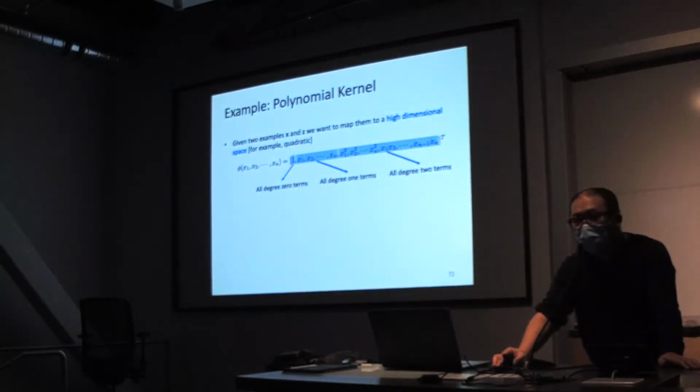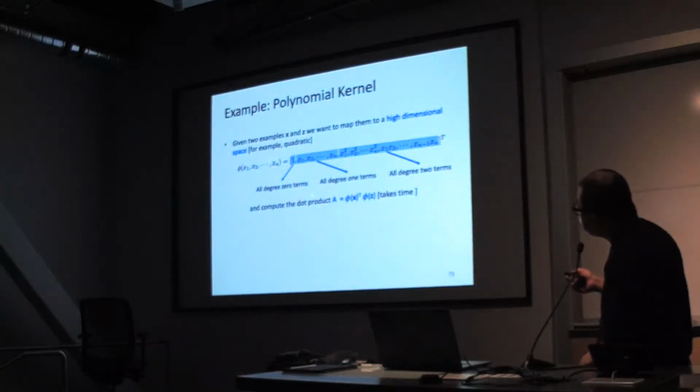Suppose your n is 1,000, then n squared will be 1 million. So even for this quadratic feature mapping, the mapped feature vector can be very high dimensional. If you want to explicitly compute them and the dot product, it is expensive. Not to mention, in practice people rarely use quadratic mapping because it's less expressive. We usually use high order feature mappings or even infinite feature mappings.